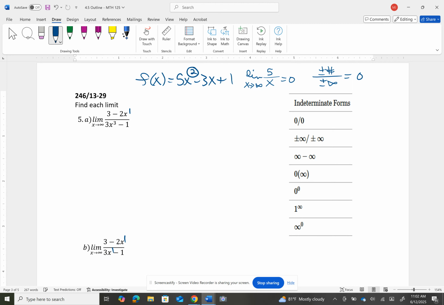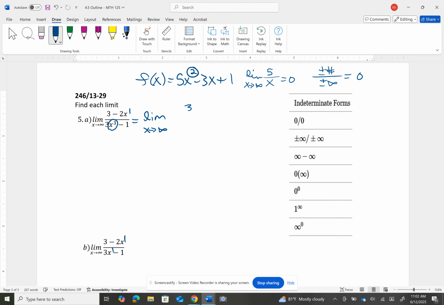So if we're trying to reason this out in an official way, they'll have you do this. Look at the denominator: the highest exponent in the denominator is a 3. You have x raised to the third power. So what you could do is divide everything, top and bottom, by x to the third power.